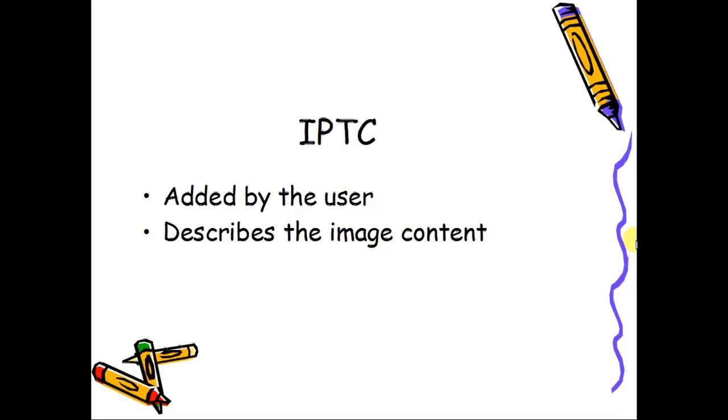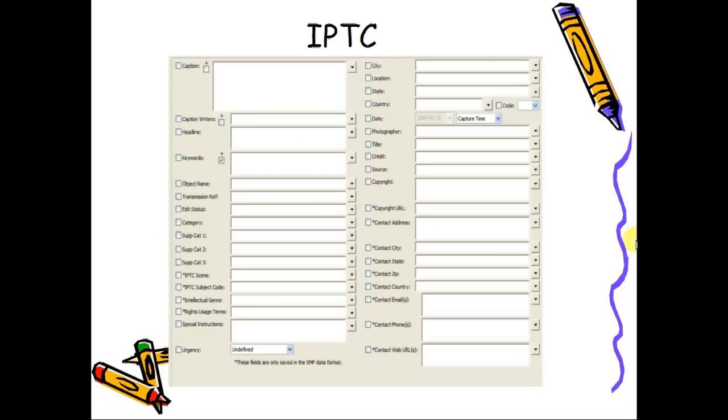We'll actually be looking at a screen similar to this later, but here is an example of some of the kinds of information that you can add to that image. You can see there's a caption, and again, remember this was designed primarily for the news media, for the wire services and so forth. So there are a lot of fields that the individual probably wouldn't use, but there are certainly a lot of them that are usable.